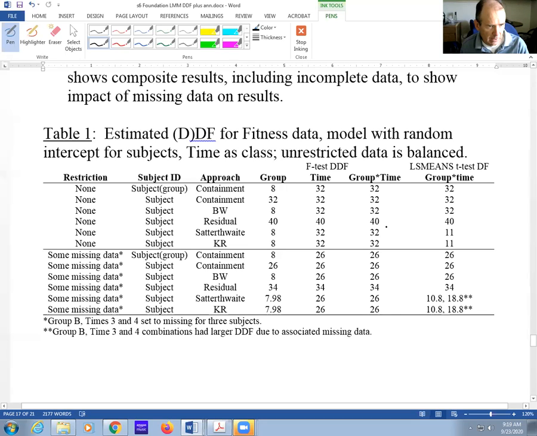Okay, talking about this column here. Yeah. You're asking why they are different? And for the t-test, it just goes to 11.